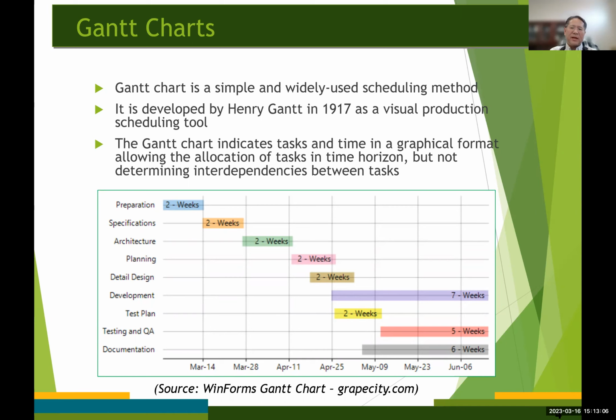And in the diagram, tasks are usually listed on the left-hand side, and the time scale is along either the bottom or the top. So in this case, it shows on the bottom, right? And the position and the length of the bar reflect the start time, duration, and end time of the activities.